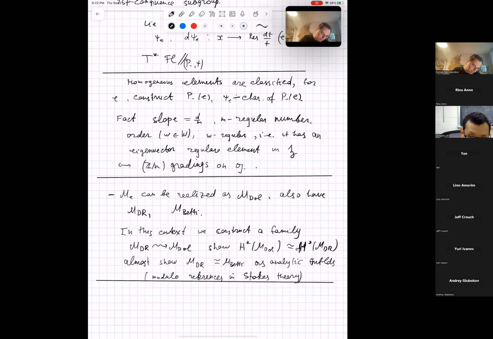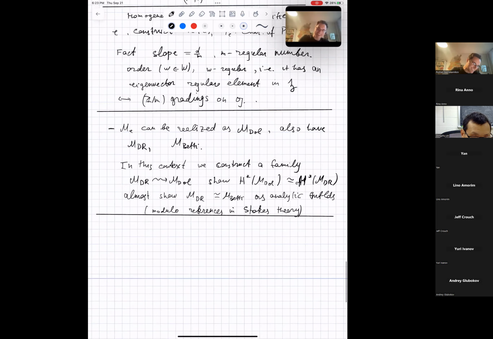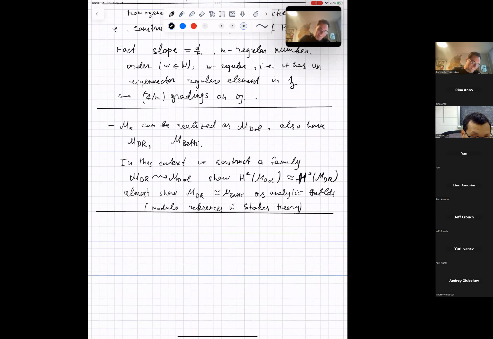Technically, it's a conjecture, but I think this Betti is quite interesting too. Maybe I can give an example. I should say what it is about, but I really like this kind of geometric thing.